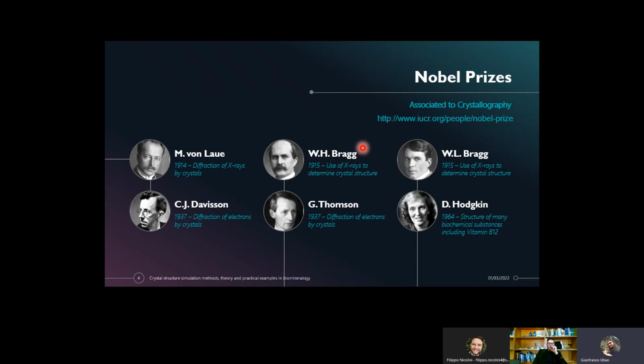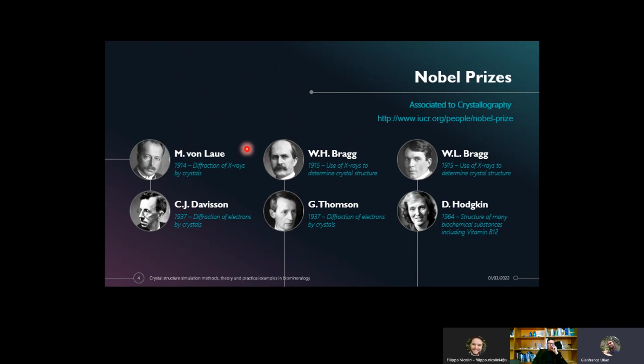And this is just a brief history of crystallography. Crystallography, as you can see from the years 1914, 1915, is a relatively young discipline, okay, modern crystallography.